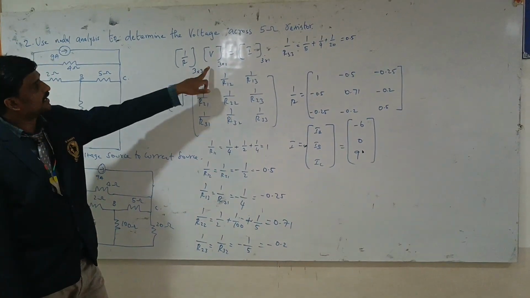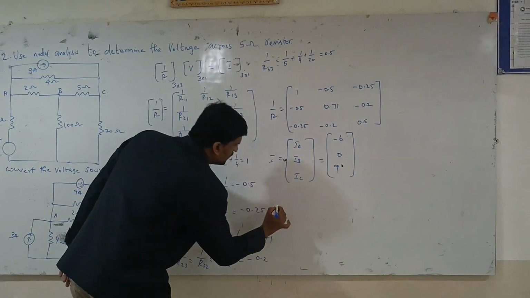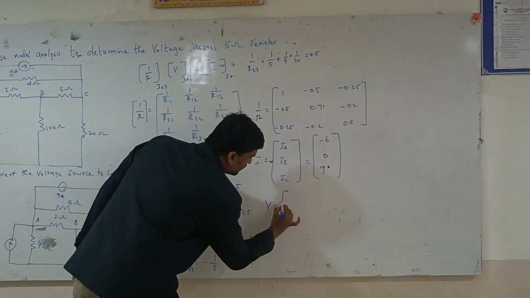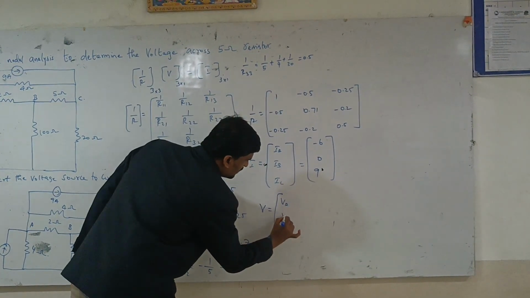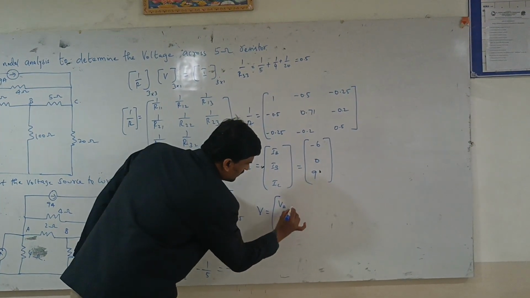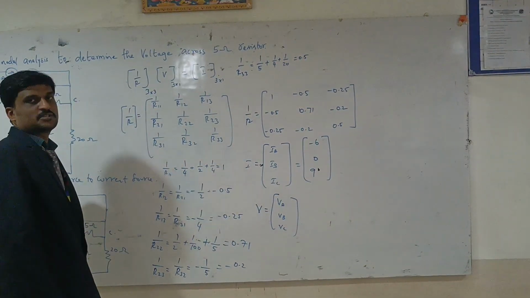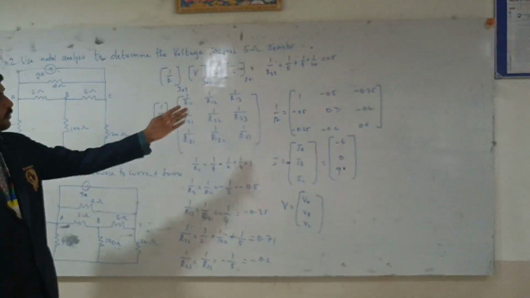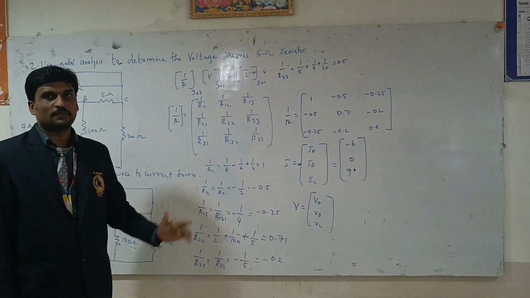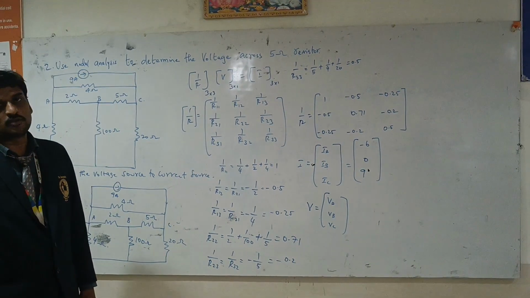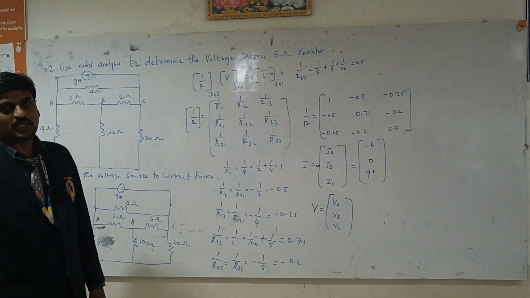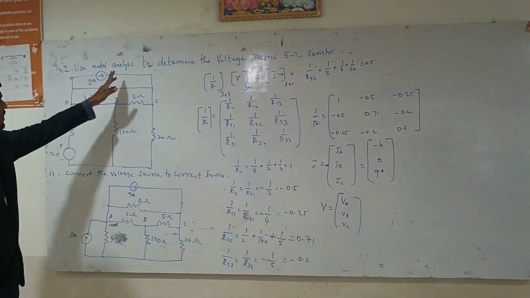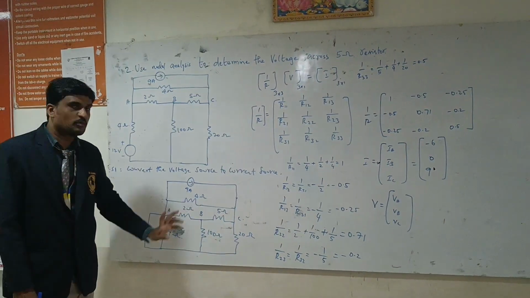And next we can calculate the value for the V matrix. So V is equal to VA, VB and VC. By inspection method we have found the values for 1 by R and I. Now we can solve this by using Cramer's method and find the voltage across the 5 ohm resistor.